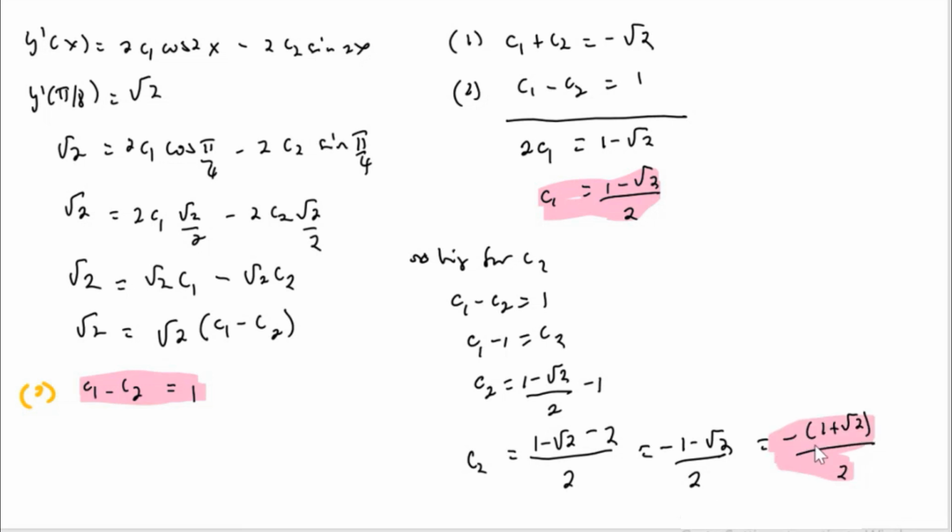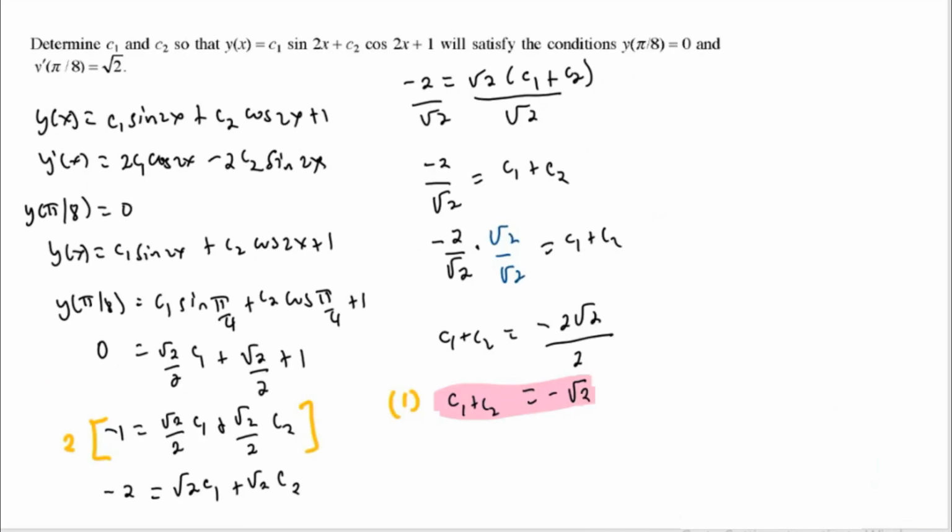This is the value of c sub 2, which is negative of 1 plus square root of 2 over 2. So we have satisfied the question that we are asked, to determine the values of c sub 1 and c sub 2 so that y of x is equal to c sub 1 of sine 2x plus c sub 2 of cosine 2x plus 1 will satisfy the given conditions.